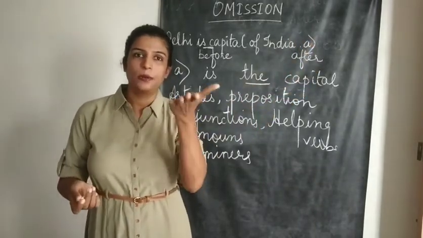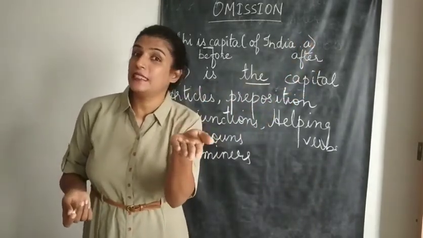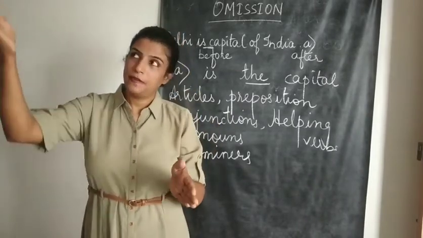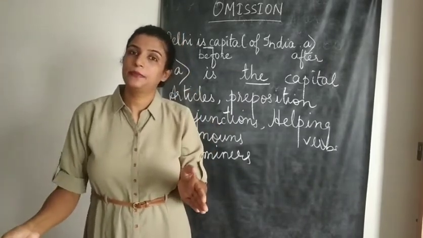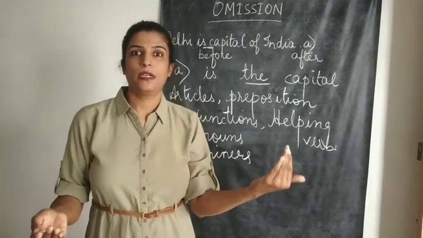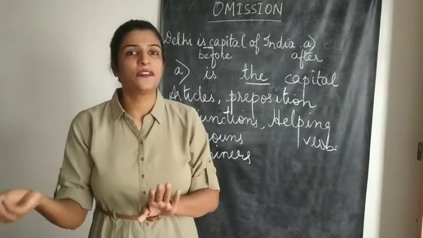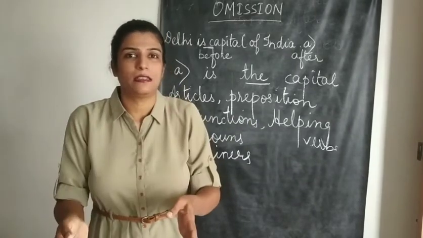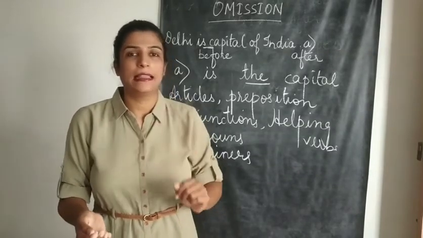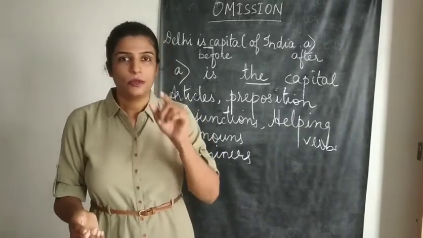So I give a summary of what I have taught. Omission means a word is missing from the sentence or a part of the sentence. The same paragraph will be given and ABCD will be written at the back. How do you solve it? You have to write the word which is before it and the word which is after it, and in the center write the word which is missing and underline that word.